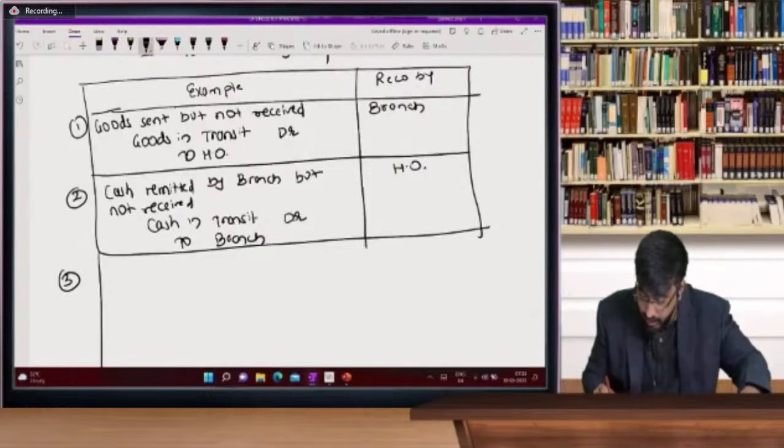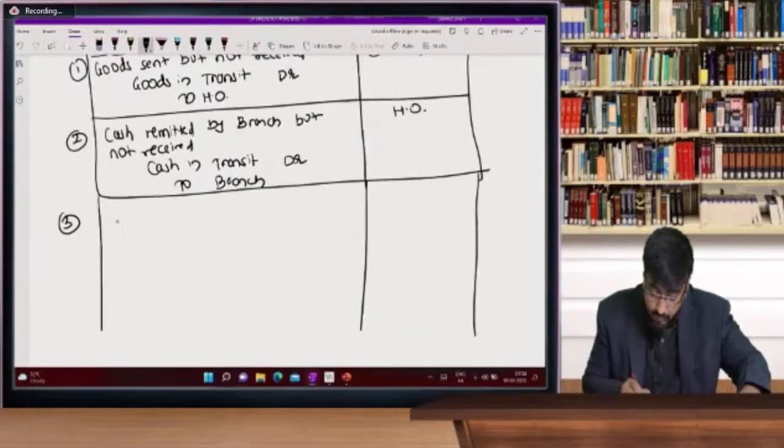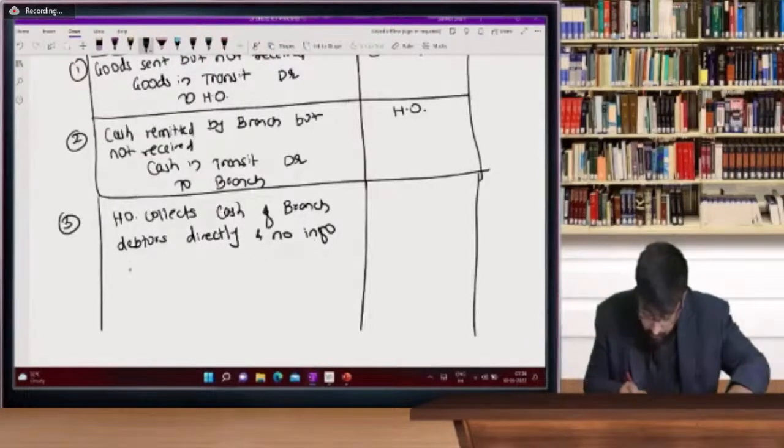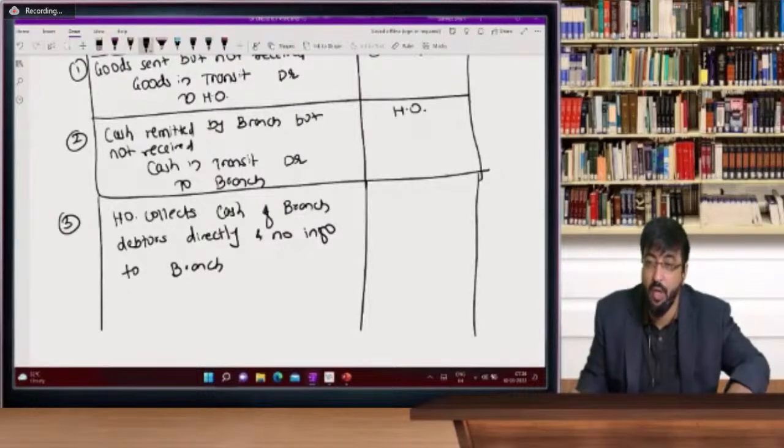Third entry, HO will pass this entry. HO collects cash of branch debtors directly and gives no information to the branch. Reco is done by the one who has not passed the entry. Reco will be done by whoever has not passed the entry.